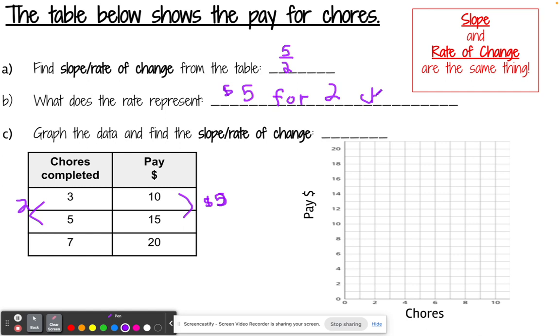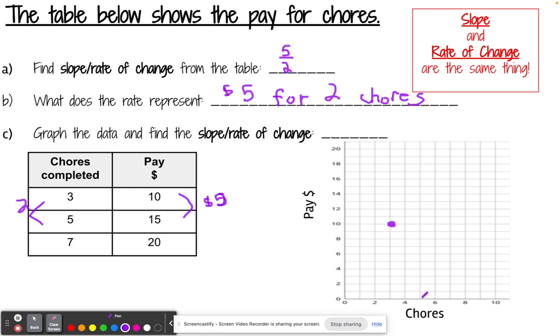Again, if I were to graph this, I have chores on my x-axis, and I have money on my y-axis, which makes sense, x, y. So for 3 chores, I get paid $10.